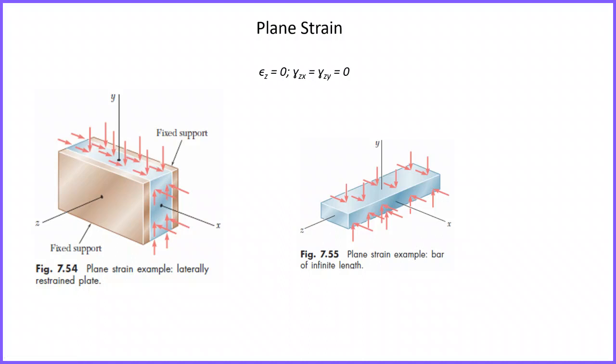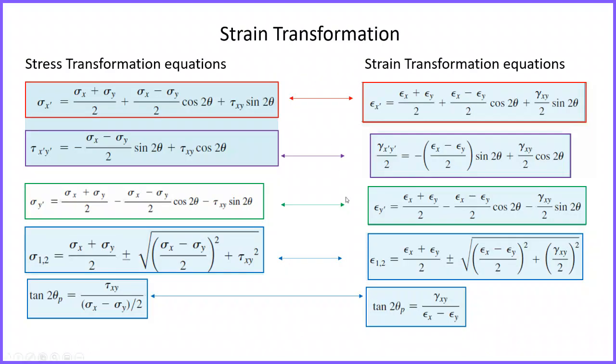Now, like the plane stress, where we measured principal stresses and did the plane stress transformation, the same thing we can do for plane strain. This is the strain transformation, and instead of stress transformation, we have to name it strain transformation. On the left-hand side are the equations of the stress transformation, and on the right side the equations from the strain transformation.